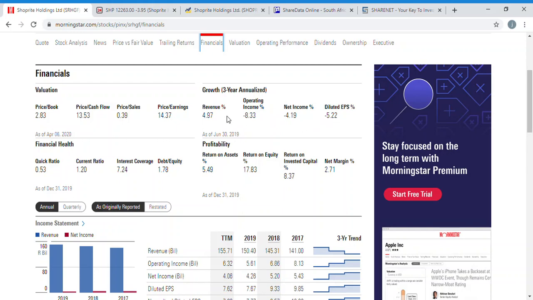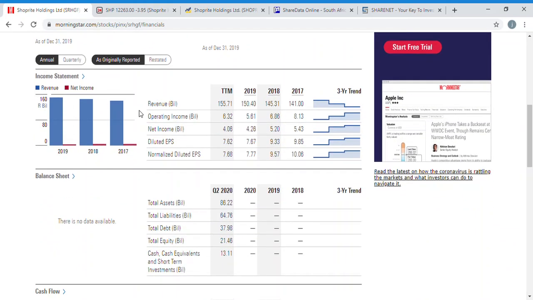You can see revenues been growing, but the rest, diluted earnings, operating earnings, as well as net earnings, have been declining. Profitability ratios like return on equity, return on asset, return on invested capital, and net margins, you get this. They are the same as the ones that you find on Finance 24, as well as financial health, balance sheet based ratios. Then you get your valuation of a business, and you kind of get financial statements.